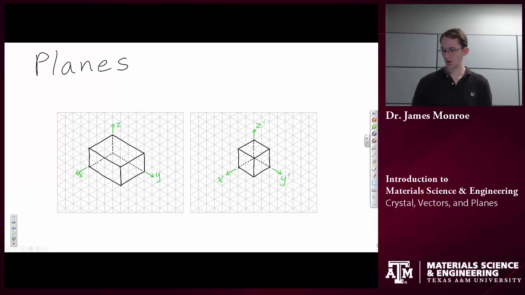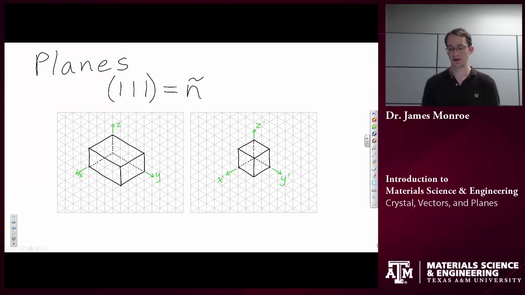If I told you that I want you to draw the 1, 1, 1 plane in the orthorhombic system and the cubic system, what we'd do is follow the procedure for determining plane normals, because remember, this 1, 1, 1 is the normal to that plane. And if we were to start drawing it, we'd follow the reverse order of the list of the procedure. That procedure tells us we need to take the inverse and all that other stuff.